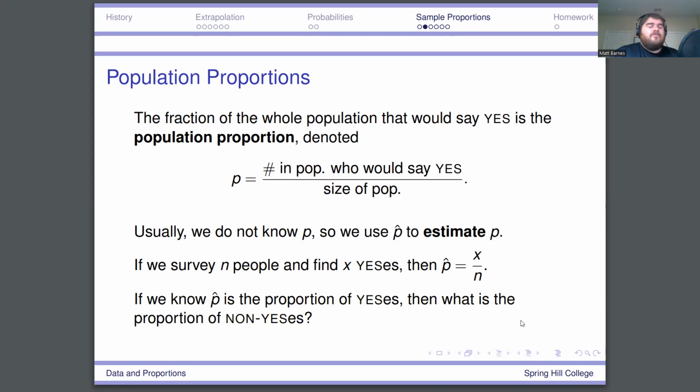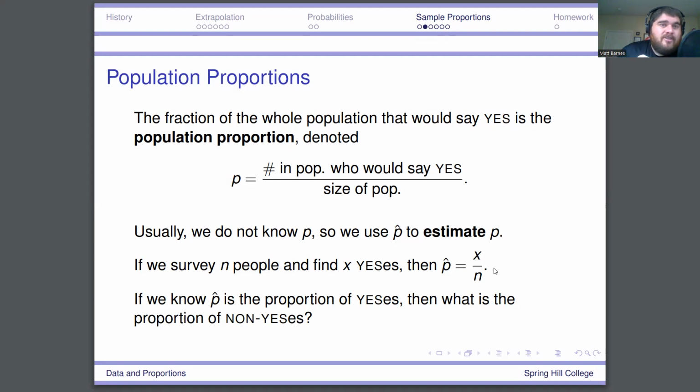So knowing this information, if we know P hat, the proportion of yeses, what is the proportion of non-yeses? It's pretty easy to figure that out. All you have to do is do 1 minus whatever your proportion is, because everybody who didn't say yes said no, because there are only two possible responses.